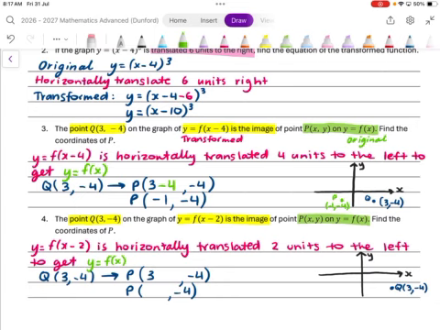When we move it 2 units back to the left, we're at this point here, which is (1, -4). Would that be correct? So we're going to have the coordinate (1, -4). In order to get (1, -4), we have to minus 2 from our original x coordinate. Cool? All right, turn the page for me once you've copied that down.